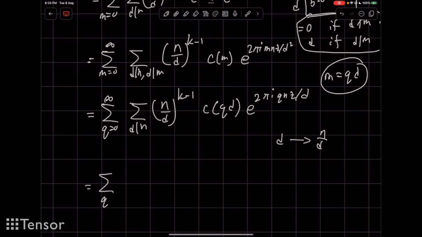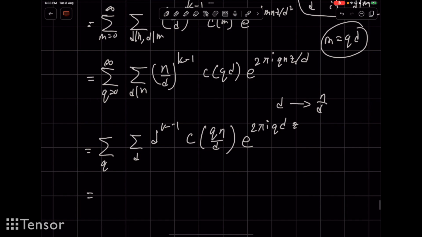So this is the q sum, this is the d sum. So this is going to be d to the power k minus 1, then c of qn over d, then e to the 2 pi i q dz, right? And again, q is m over d, so let's replace that.